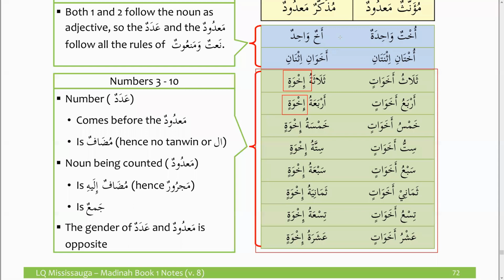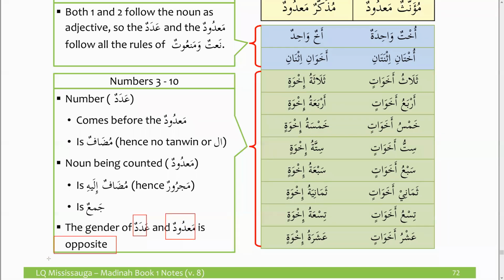The other thing we should be careful about is the gender. The gender of the adad and ma'dud is always opposite. So thalathatu ikhwatin. What is ikhwatin? This is masculine. Don't get confused with the ta, because it is actually a plural of akhun.